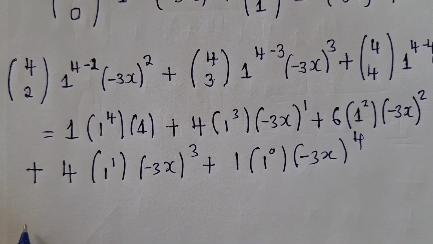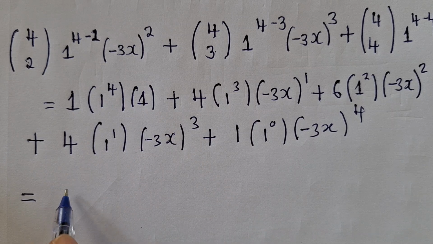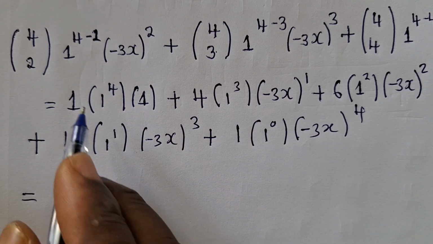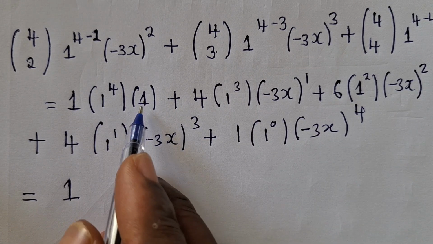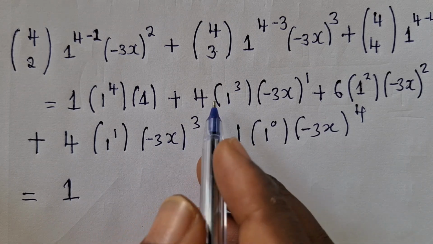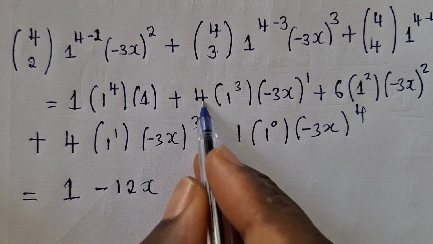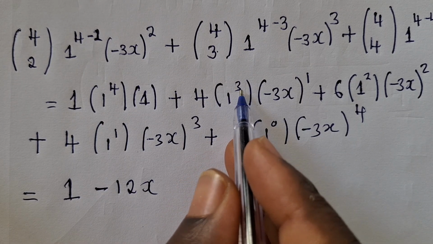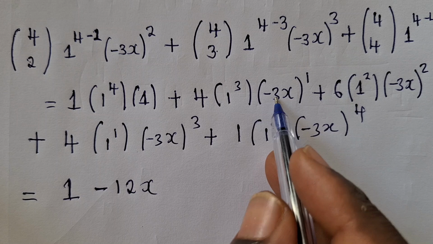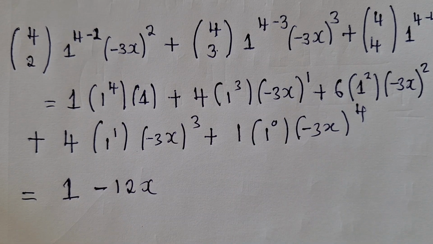Okay, so now we start simplifying here. When we work out here, it will just give us a 1. 1 times 1 power 4 times 1 is just a 1. For this one, it will be negative 12x. 4 times 1 power 3 is 4, times negative 3 is 12, times x, so it's negative 12x.